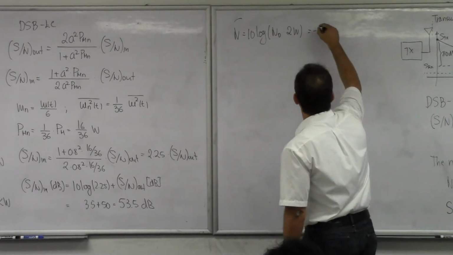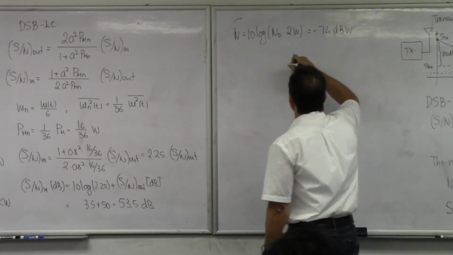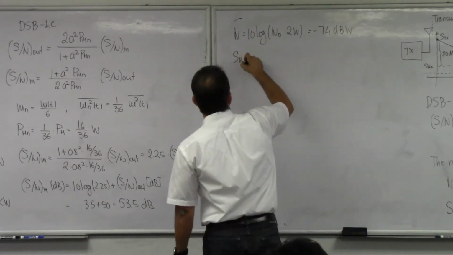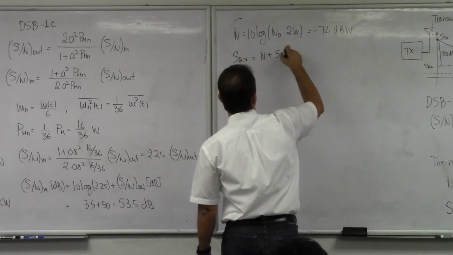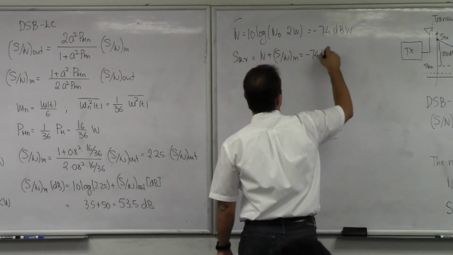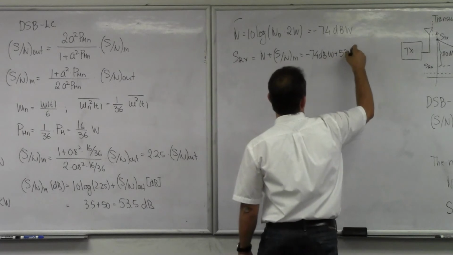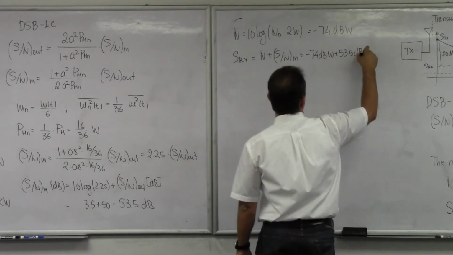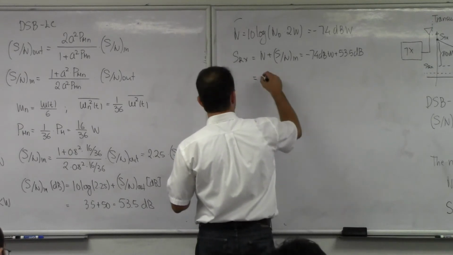So this is minus 74 dB watt. And then the signal at the receiver is going to be noise plus signal to noise ratio at the input, which is minus 74 dB watt plus 53.5 dB, which gives you minus 20.5 dB watt.